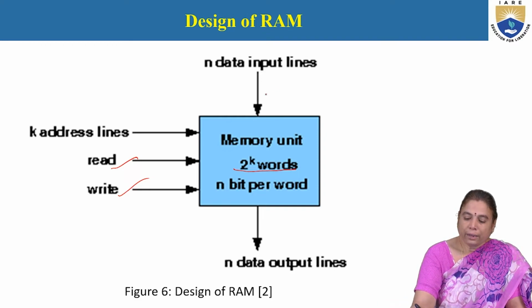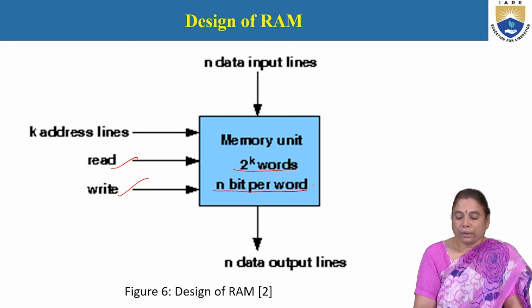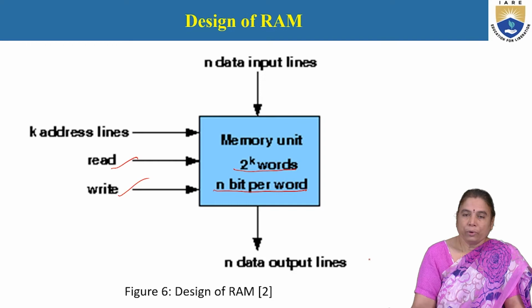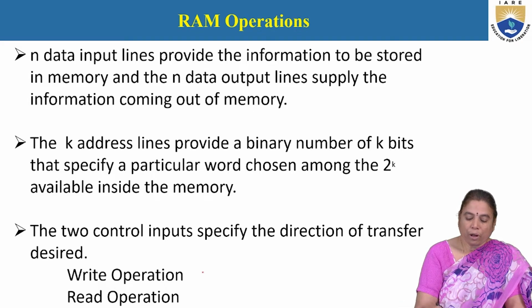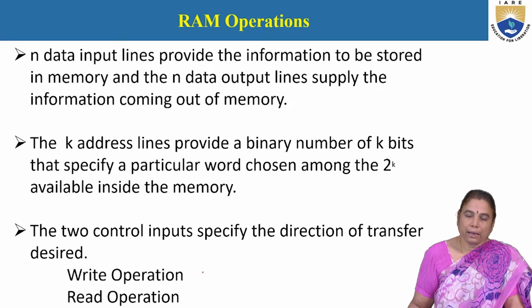There are n data input lines to the RAM, so that the number of bits per word in the memory is n bits. And n data output lines come out of the RAM. So the RAM performs two operations, both read and write.